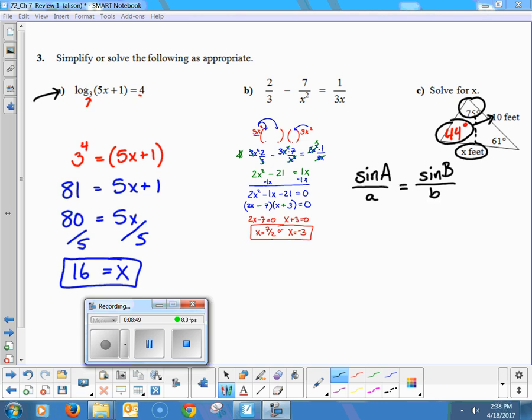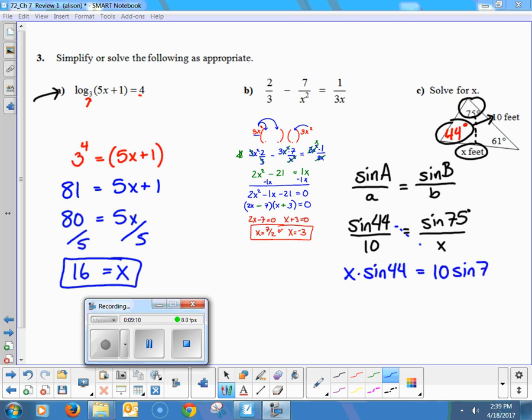So I could say sine of 44 degrees over 10 has to equal the sine of 75 degrees over x. And maybe to solve this thing, I'll do a little cross multiplication action. x times sine of 44 equals 10 times sine of 75.